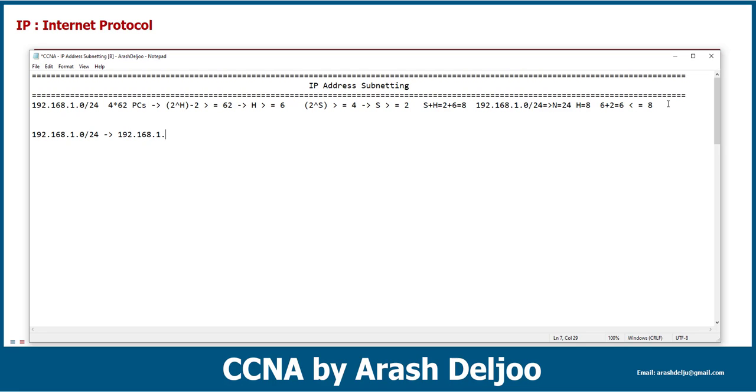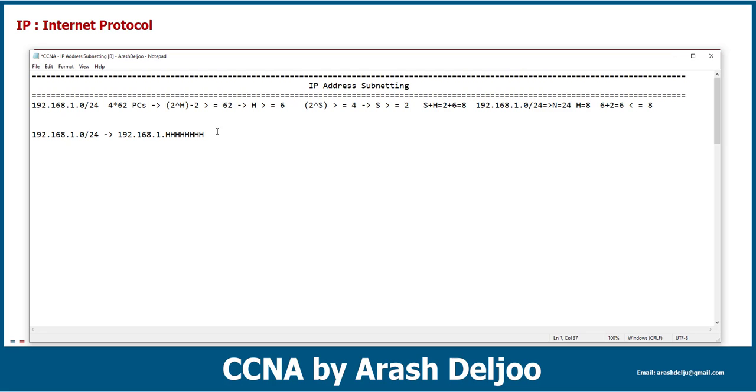All of the bits after the first 24 bits are the host bits. 8 host bits are now available. /24 means the subnet mask resides here. The network part is 192.168.10, and the other part, the last octet, is the host octet.